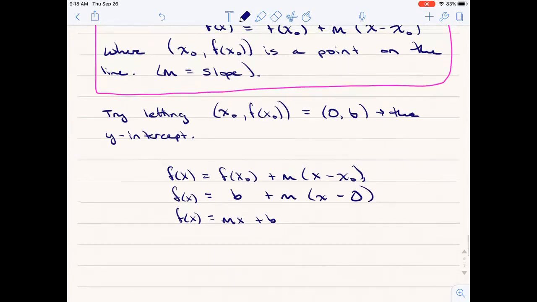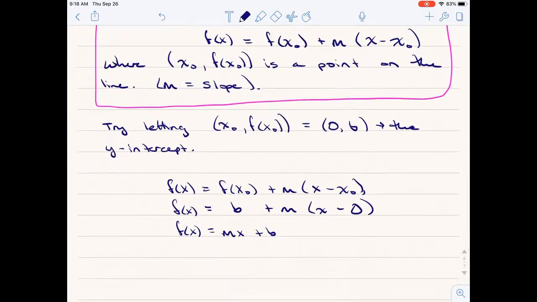Didn't you have a minus one? Where? The m next to the x minus 0, next to the second one. This one? So I've got m times x minus 0, because I'm forcing x naught to be 0. But then x minus 0 is just x.